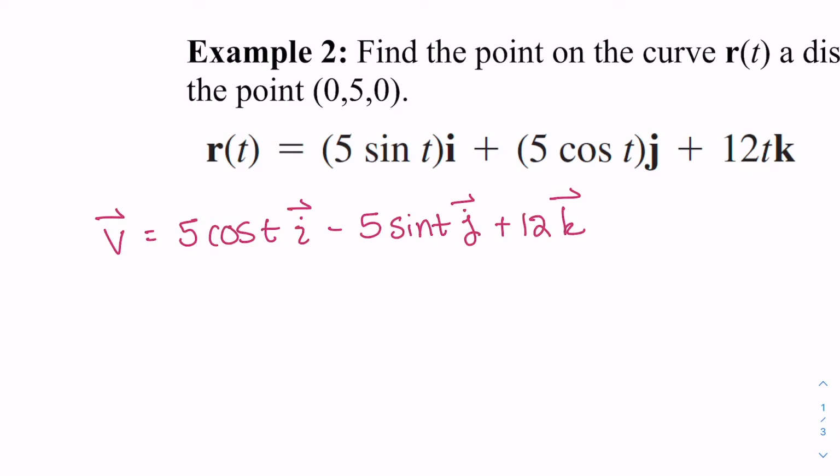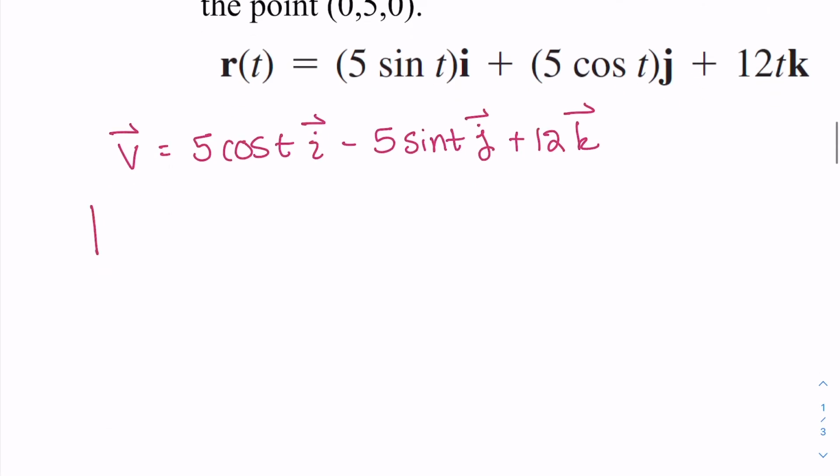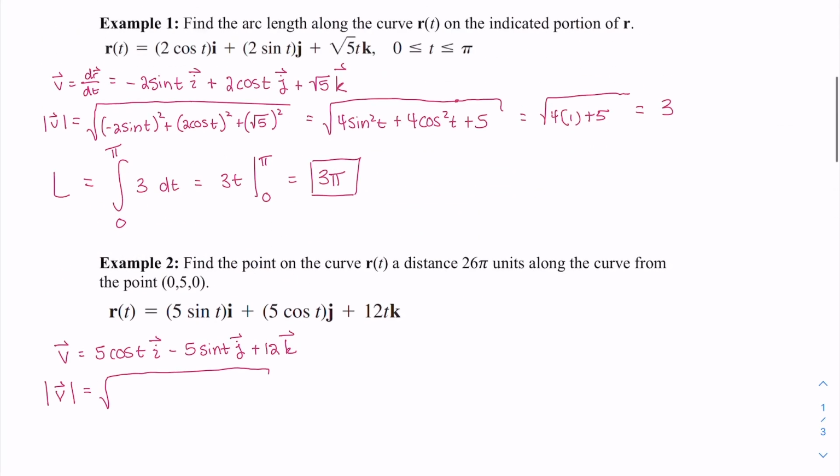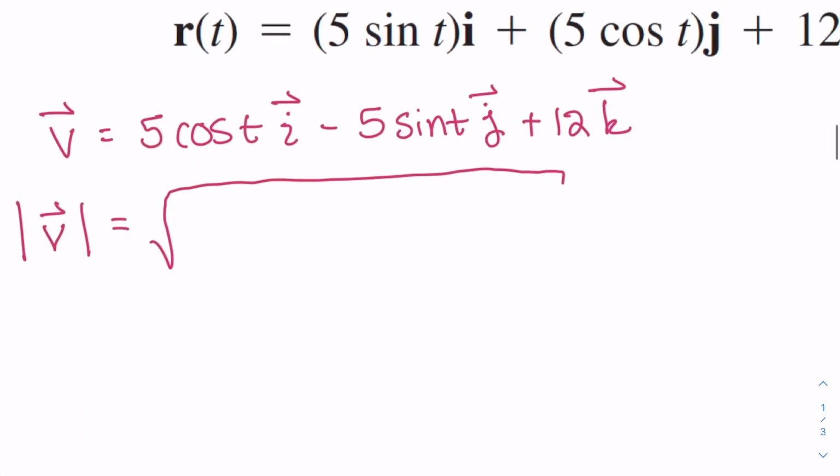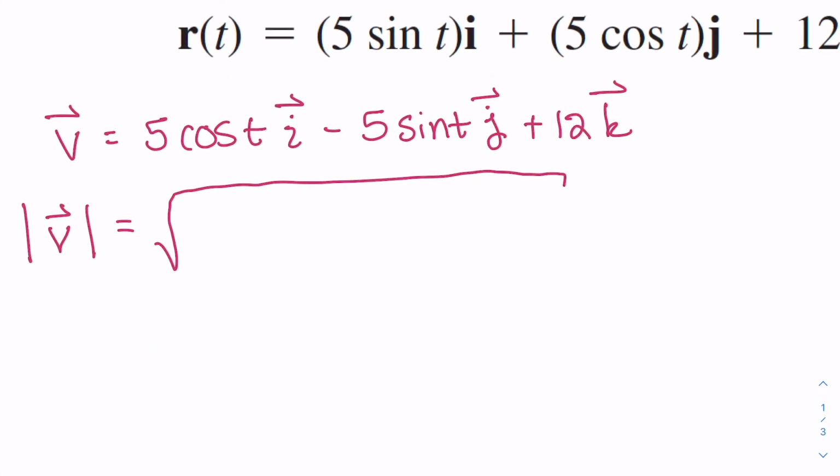So the magnitude of v of t. And we can kind of simplify this in our head a little bit from the beginning. So we know it's going to be 25 cosine squared t plus 25 sine squared t plus 144.